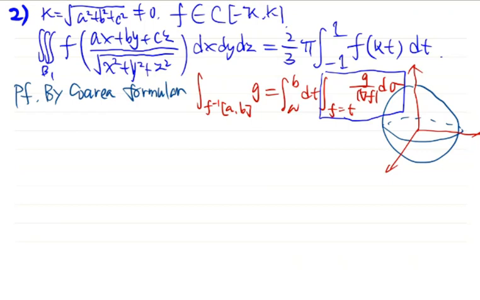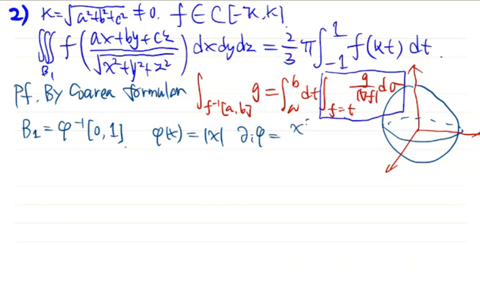We know that B1 can be considered as the inverse image of (0, 1) under phi, where phi of x is the norm of x. Okay. Then the partial derivative of phi is xi over the norm of x.